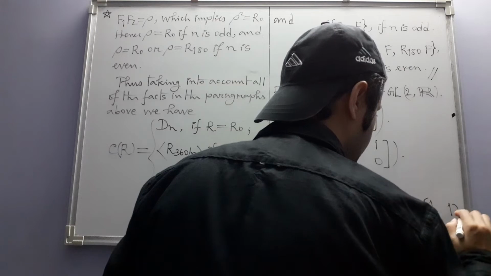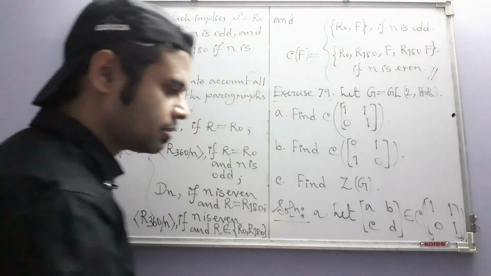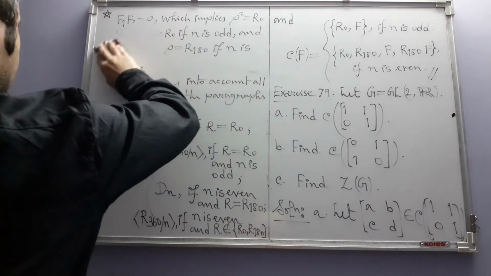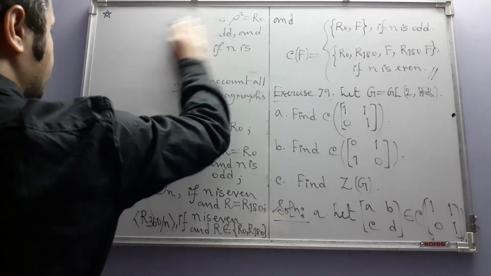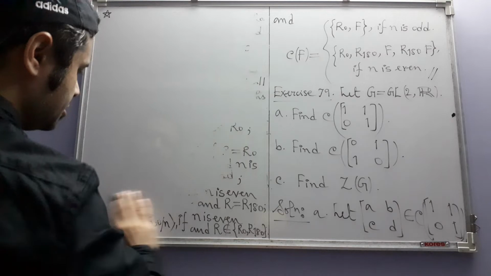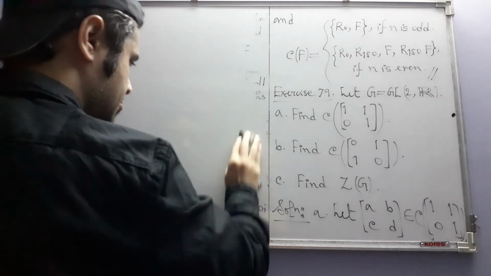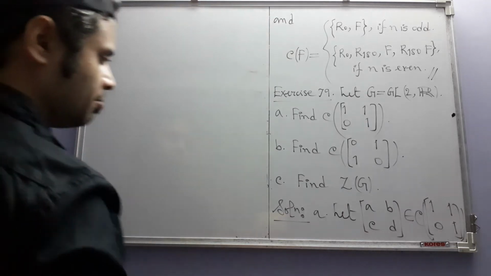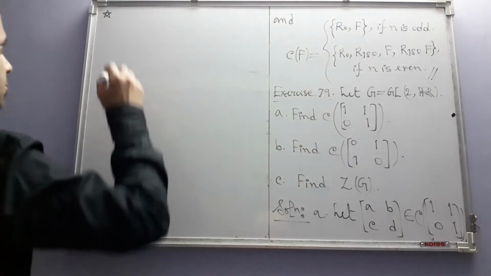That means A B C D will commute with this matrix. We will now find a necessary and sufficient condition on these entries A, B, C and D so that the matrices commute.